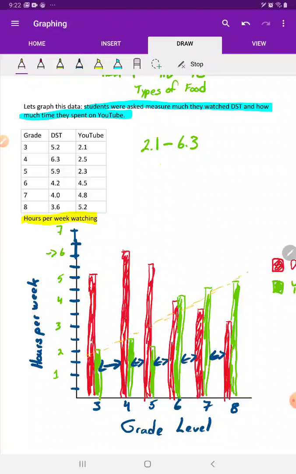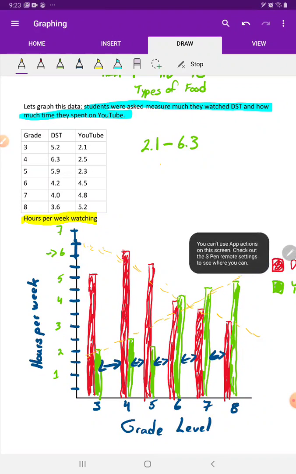See that? And I can also see that as students get younger, they tend to watch less DSTV. See that trend? Okay. I can also tell from here who watches the most TV, but I'm going to have to do some addition and subtraction. All right. So that's basically where we're at on this.